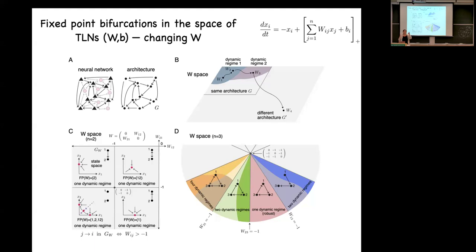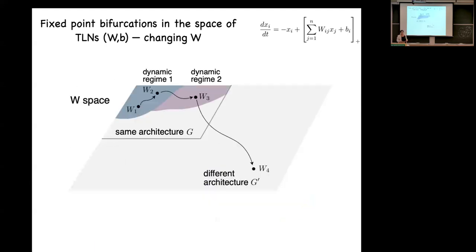But I'm not going to force binary synapses, with only 2 values. I'm going to allow them to vary. And we wanted to know what would happen to the dynamics, in particular, what would happen to the fixed points as you change parameters.